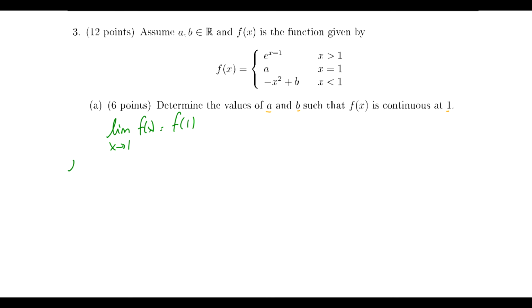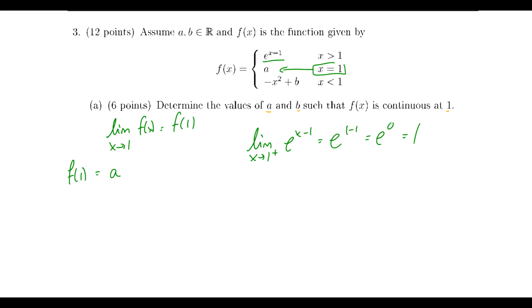Well, first let's determine f of 1, and this is equal to a, because if x is equal to 1, we get a. Let's take the limit as x goes to 1 from the right, so we're dealing with e to the x minus 1, which is e to the 1 minus 1, which is e to the 0, which is equal to 1.